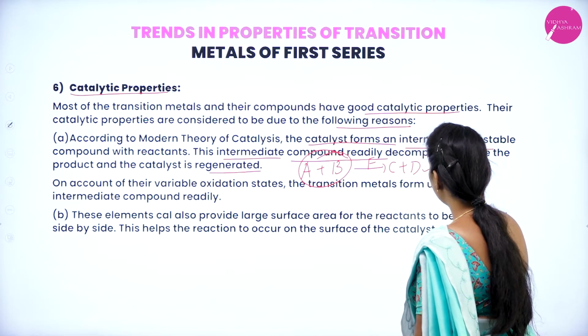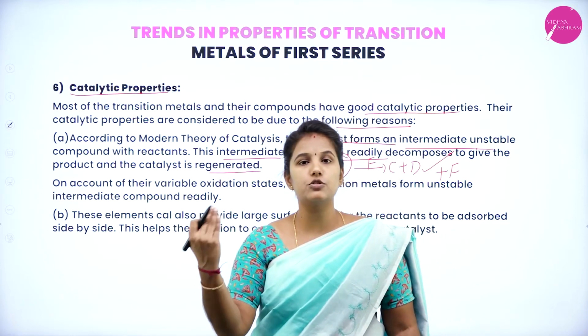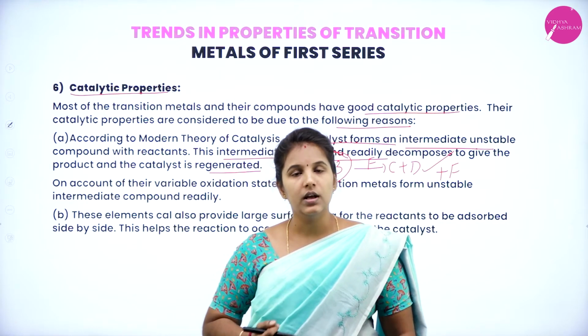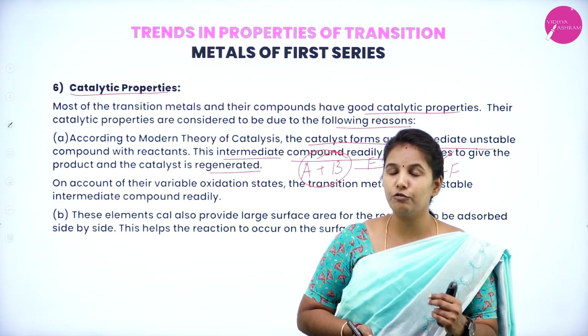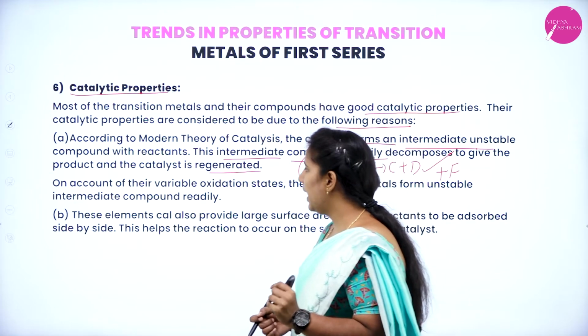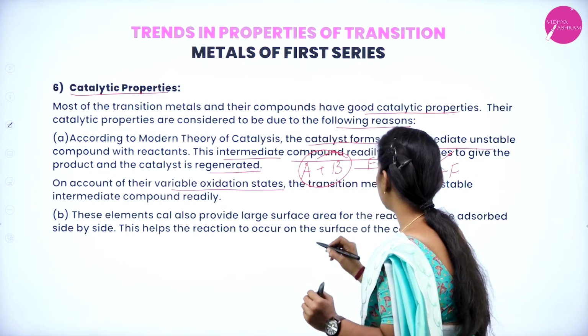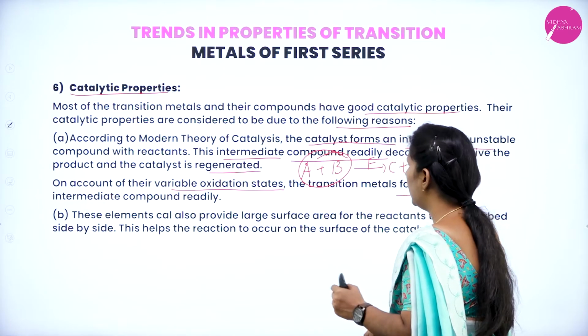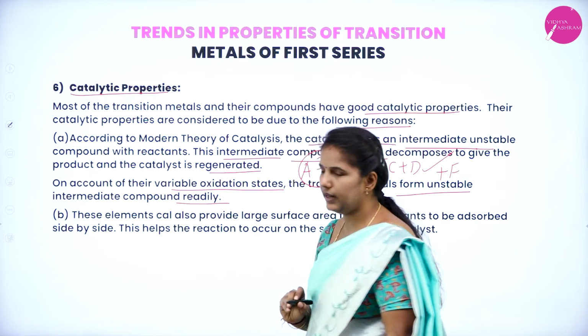At the same time, the catalyst is regenerated and can be used for the next reaction. This is how the catalyst plays a very important role by forming intermediate complexes in the reaction. On account of their variable oxidation states, the transition metals readily form unstable intermediate compounds.